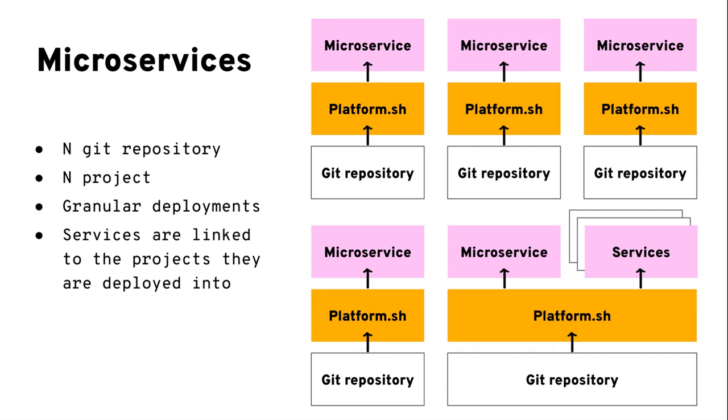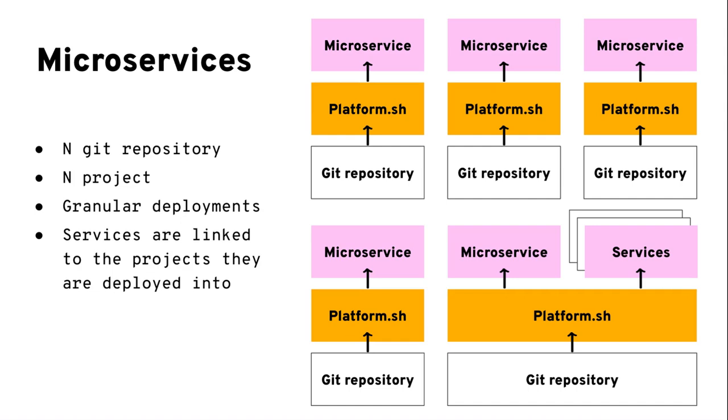But we can also have an approach where multiple Git repositories are used for the microservices. In this scenario, you can even mix some microservices within a single project, for instance, if they need a direct access to some shared services, while isolating completely the other ones.